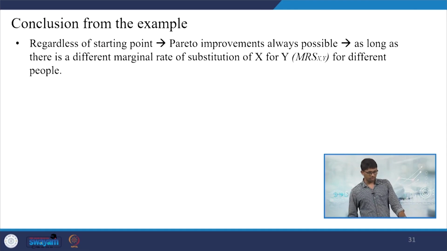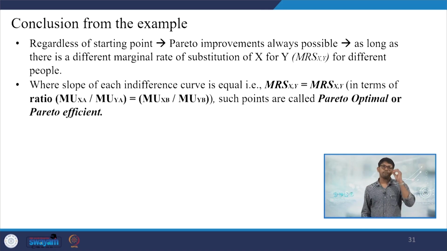So, in conclusion, from these cases, regardless of the starting point, Pareto improvement is always possible, as long as there is a different marginal rate of substitution of x and y for different people.